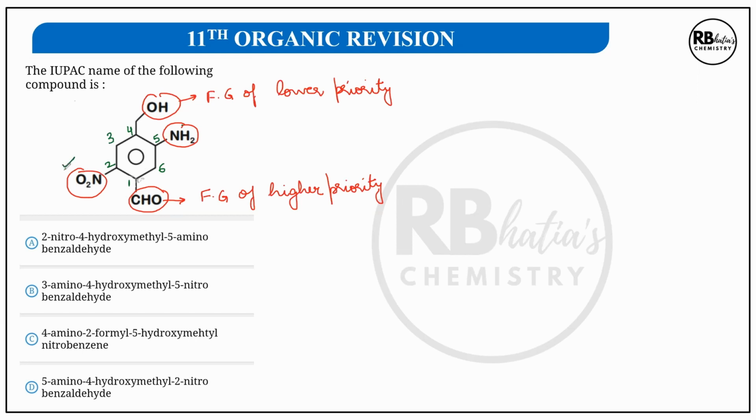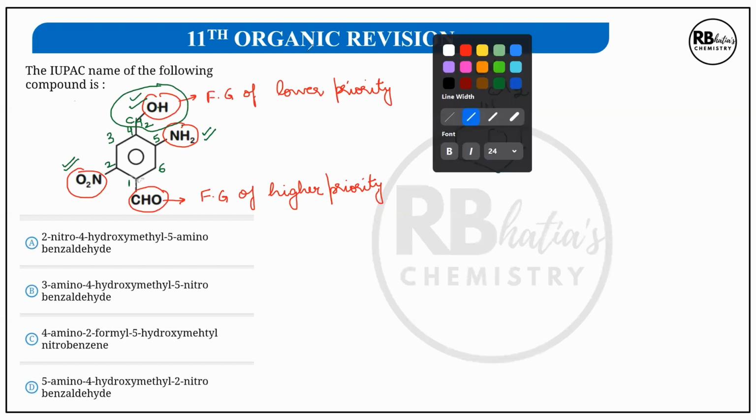This is 2 nitro, this is 5 amino, and this is 4 hydroxymethyl. This group, this is carbon, CH2. So this entire functional group becomes hydroxy on methyl. So just visualize it like this. If you had this is methyl, this is 4 methyl, and if this methyl gets further substituted, it becomes 4 hydroxymethyl.